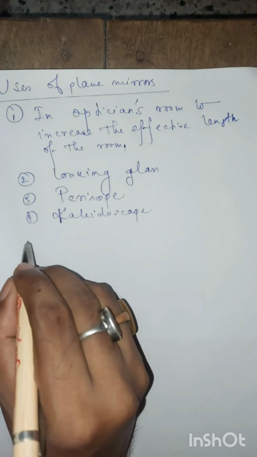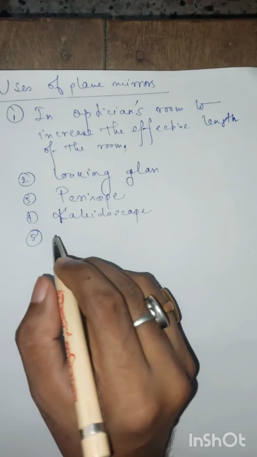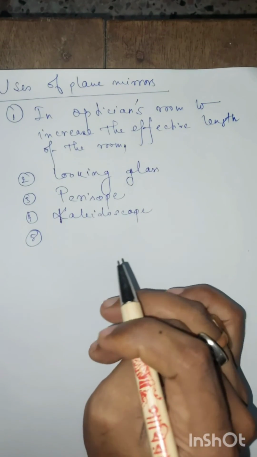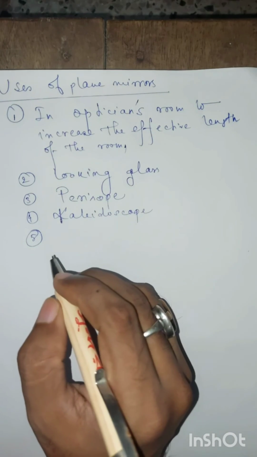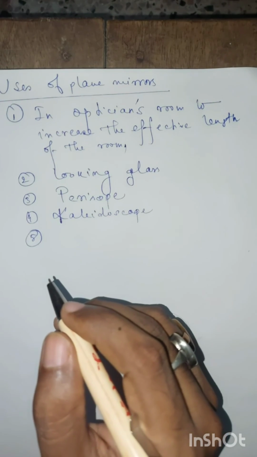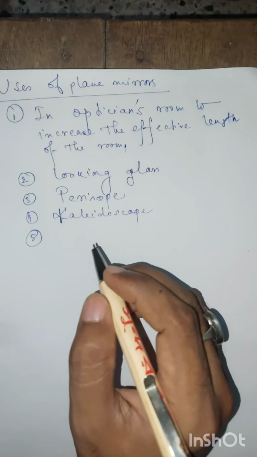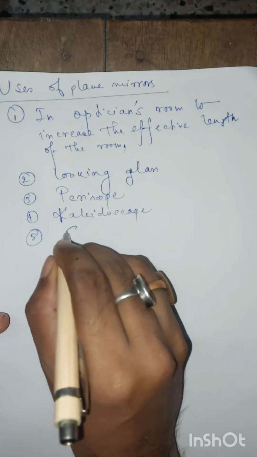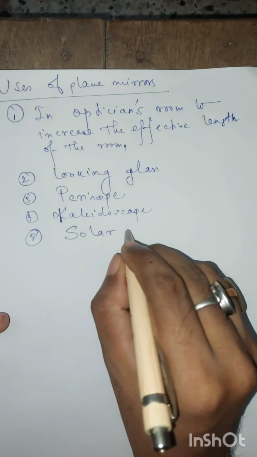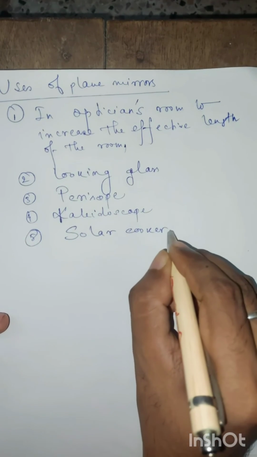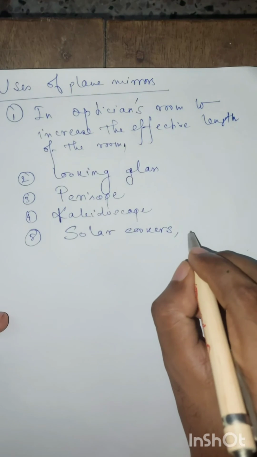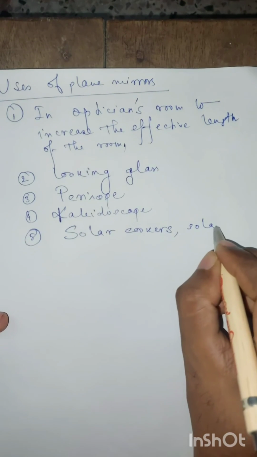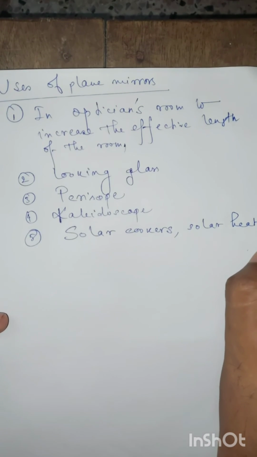Plane mirrors can be used in solar heating devices like solar cookers, solar heaters.